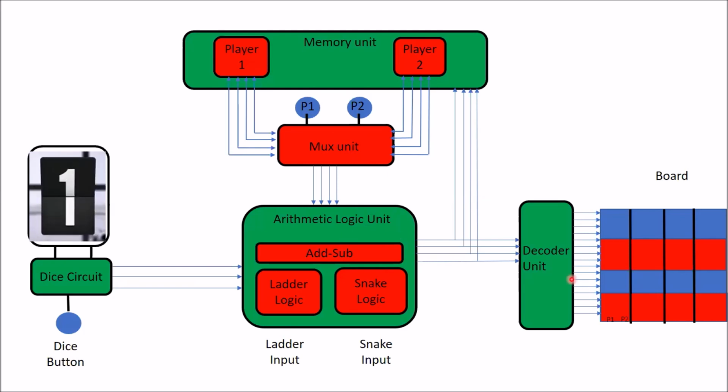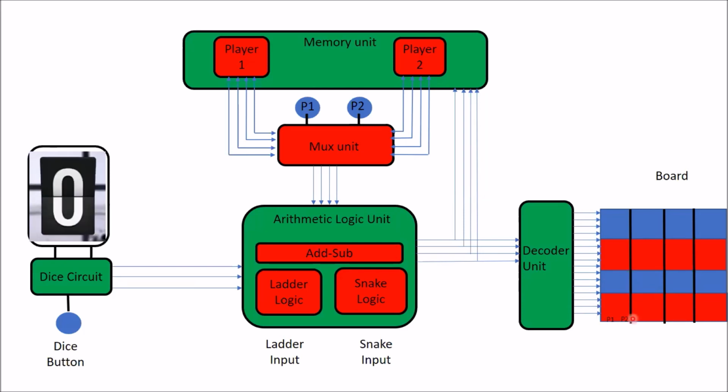In the decoder unit, as I might have shown you how the decoder works, this is how to make the board. There are a total of 16 blocks, so you need to give the notation there.